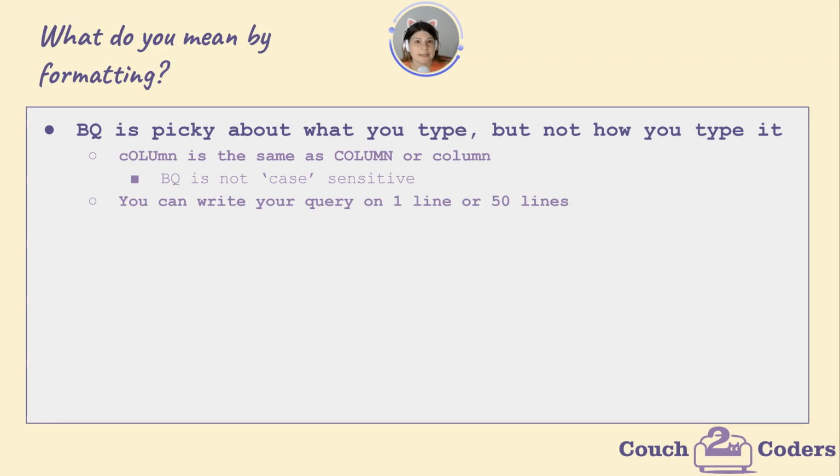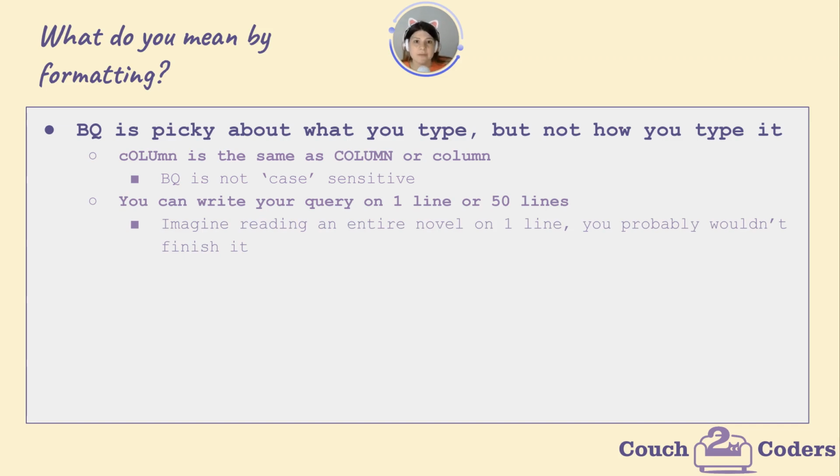Another thing that BigQuery is not picky about is how many lines you use to write your query. So you could write an entire very, very long query on one line and it just stretches super far to the right side of your screen. You can't even read it anymore, or you could write it on 50 lines. BigQuery doesn't really care.